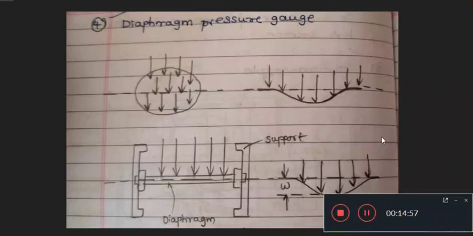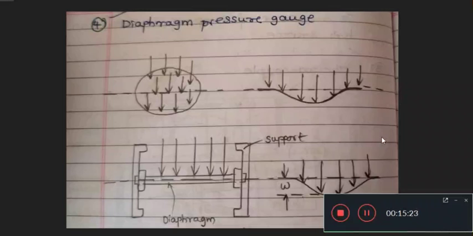One side of the diaphragm is open to the external pressure and the other side is connected to the known pressure. The pressure difference is equal to the diaphragm deflection. Thus, we have a diaphragm which can be utilized to measure the pressure, and it is known as the diaphragm pressure gauge itself.